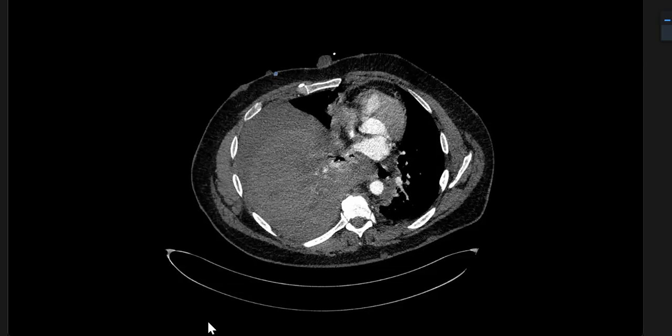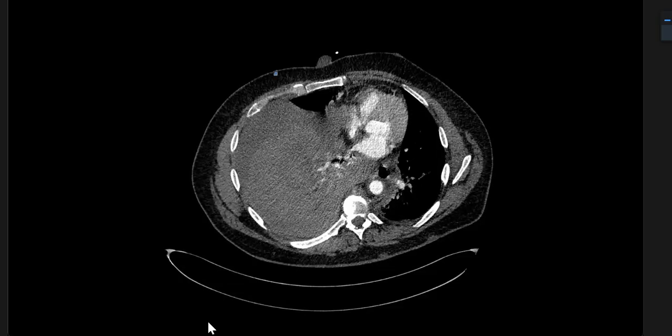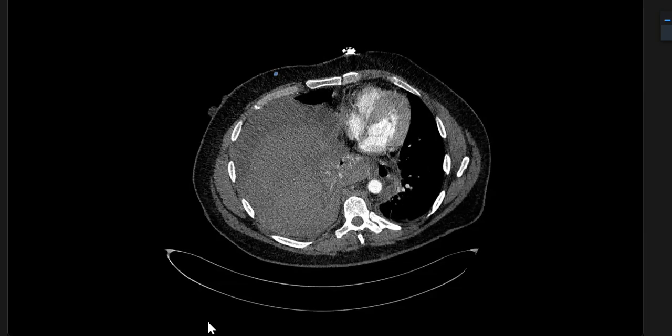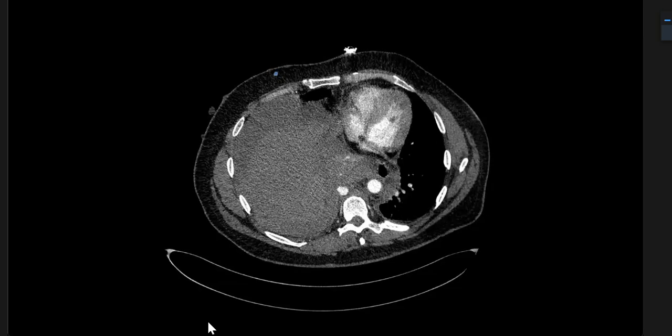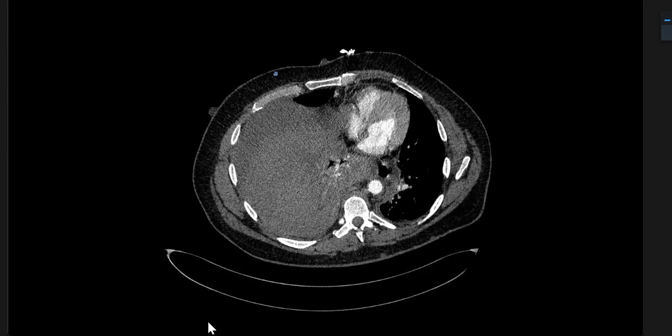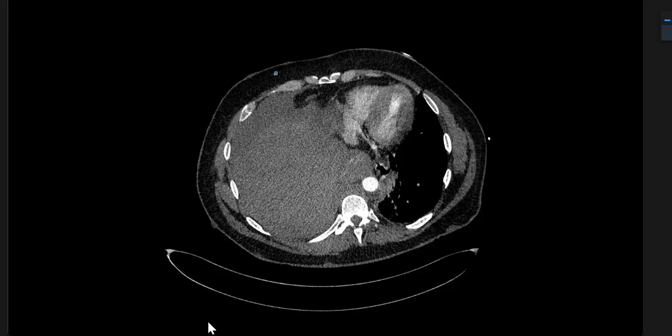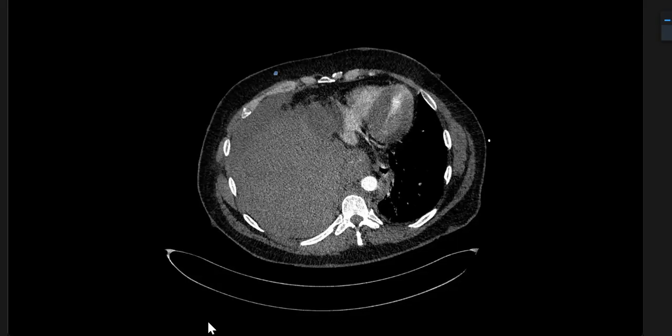It came to ER, and the patient was saved. There was an urgent call for interventional radiology, and the patient was embolized. So it's a life-threatening emergency, which you can't miss.